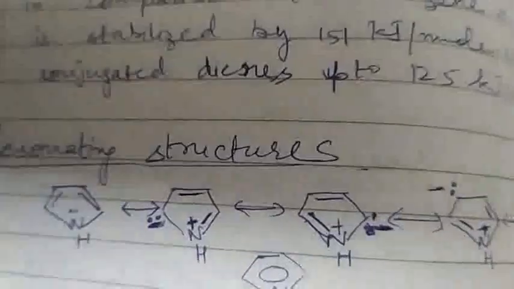In case of thiophene, it is 125 kilojoule per mole. In comparison to benzene, which is stabilized by 151 kilojoule per mole, and conjugated dienes, which are stabilized up to 12.5 kilojoule per mole, all these make these three heterocyclics aromatic in character.